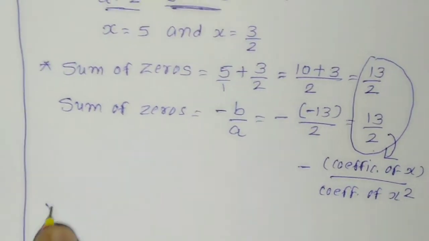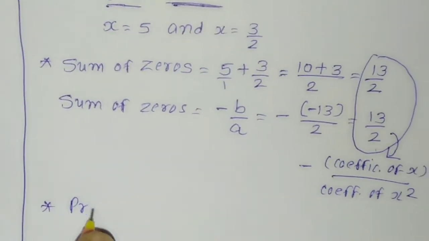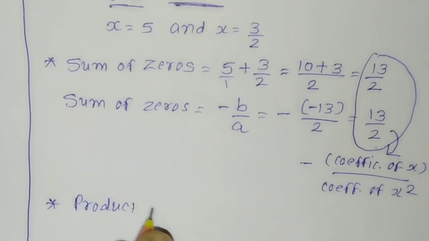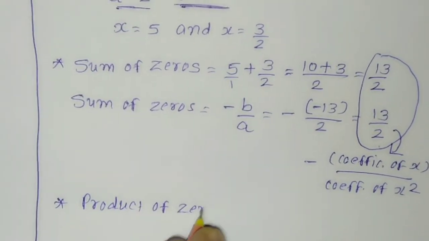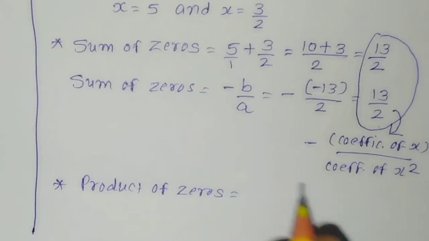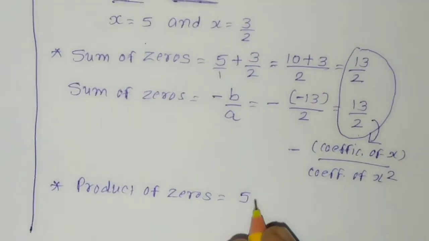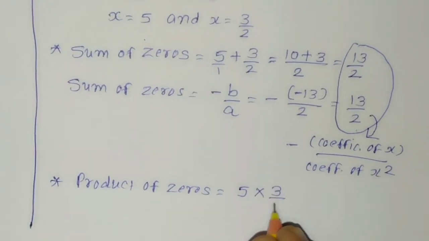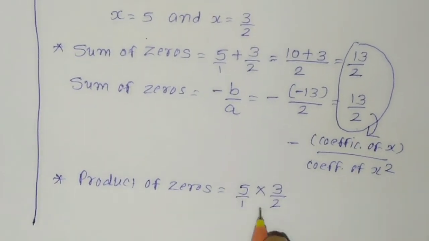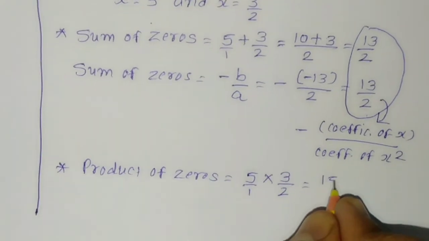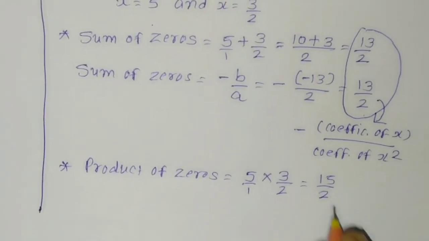Now we'll go for the product of zeros. First of all we'll take the two zeros, 5 into 3 by 2. As it is 5 upon 1, 5 threes are 15, 2 ones are 2. So 15 upon 2.